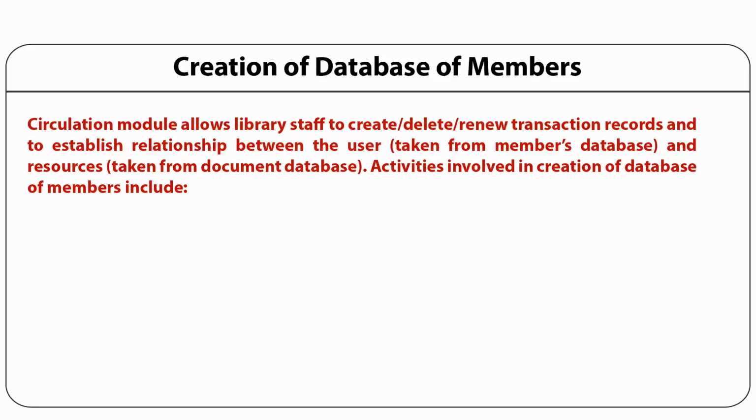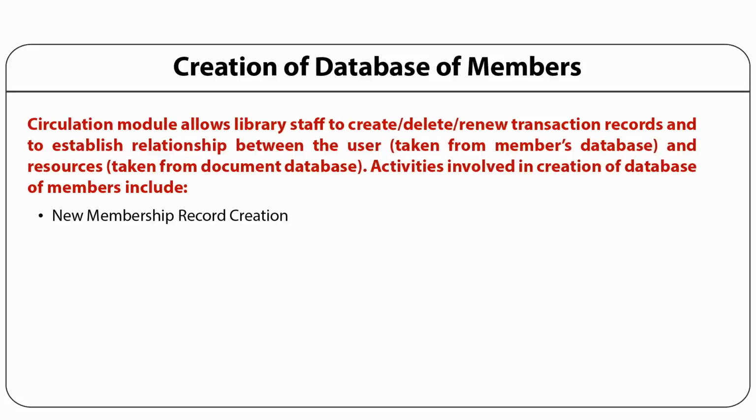Activities involved in creation of database of members include: number 1, new membership record creation. Membership records include personal information, namely last name, first name and middle name, type of membership which is selected from the master's database, membership status, category of member, name of department or division, institute and course if applicable, and contact number, address, etc. for each of the enrolled members.